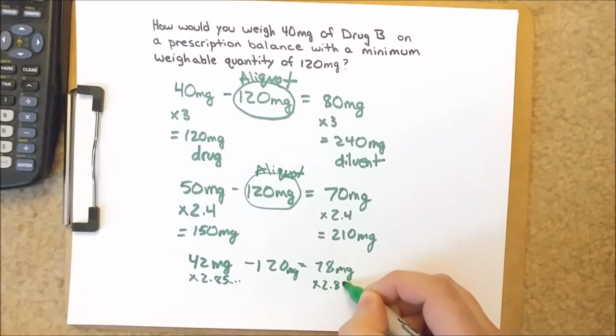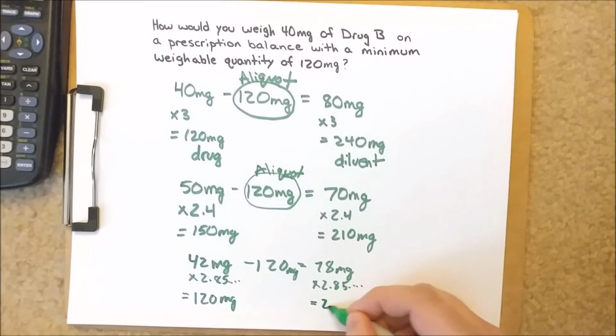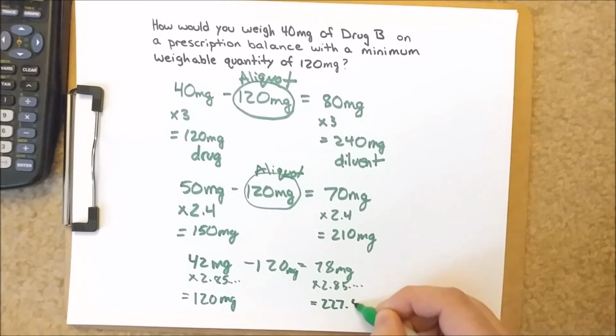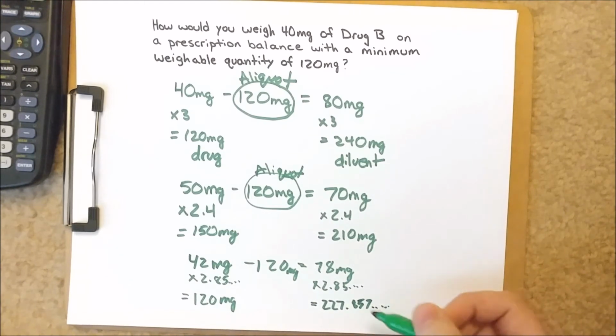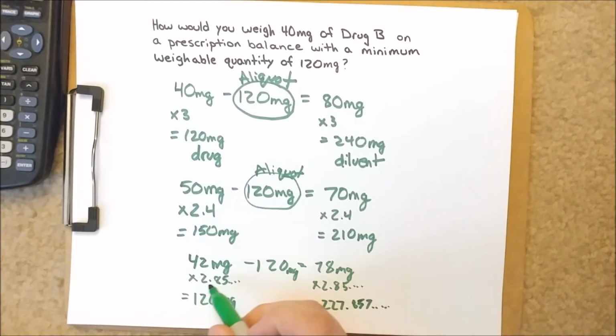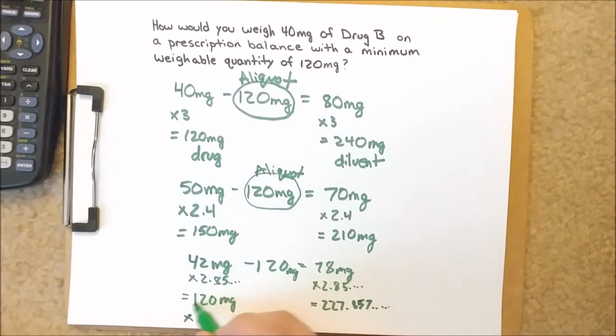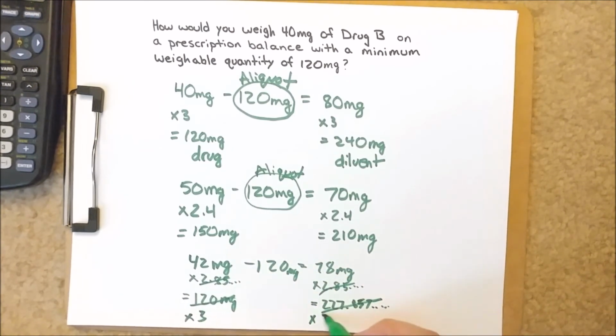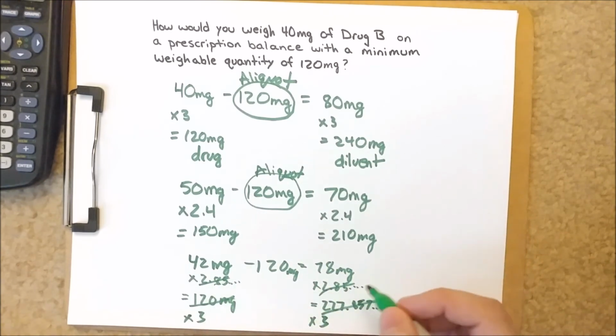Multiply by both sides. Okay, 227.857, and so on. I don't like leaving off with those numbers. I want a whole number. So I'll make the factor the next whole number. So in this case, it'll be 3. Multiply both sides by 3, and you'll get your new values.